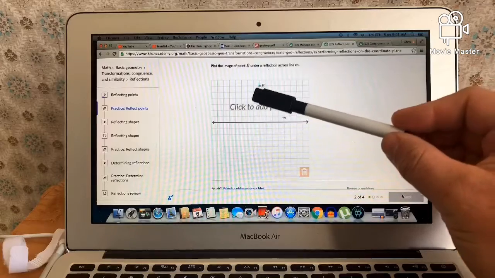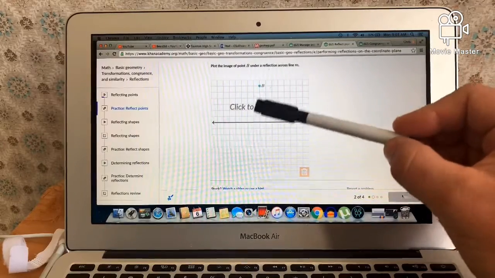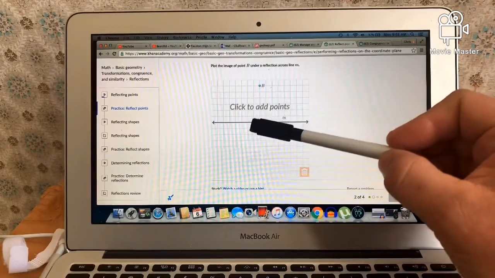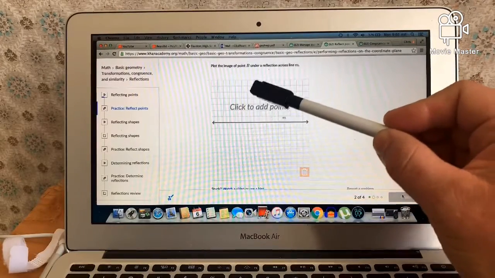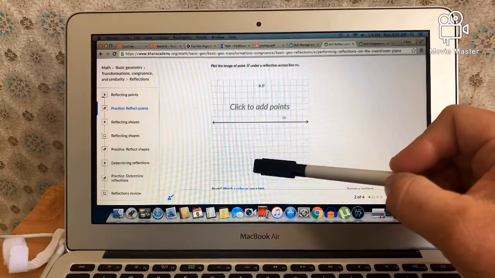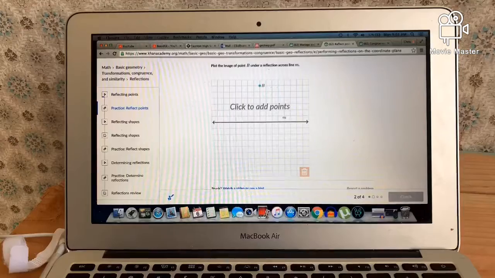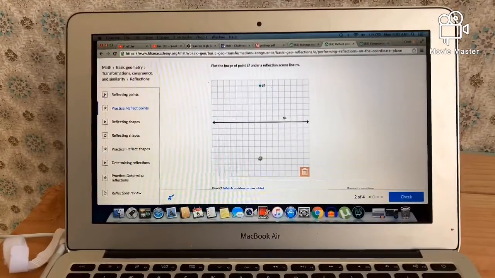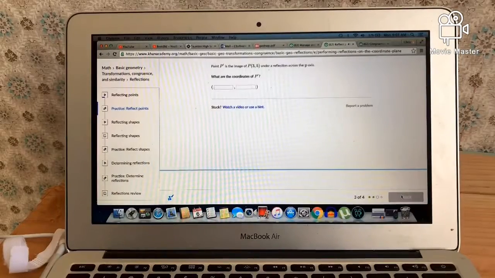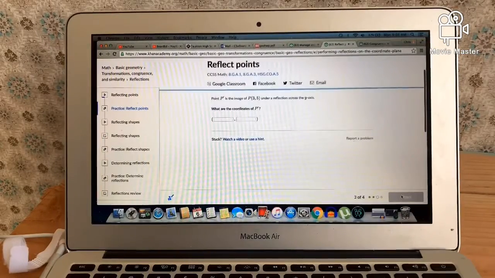So again, I'm going to do that strategy where I go from the line. I'm going to always be directly across, but I got to count how far. 1, 2, 3, 4, 5, 6. So I'm right there. Okay, good.